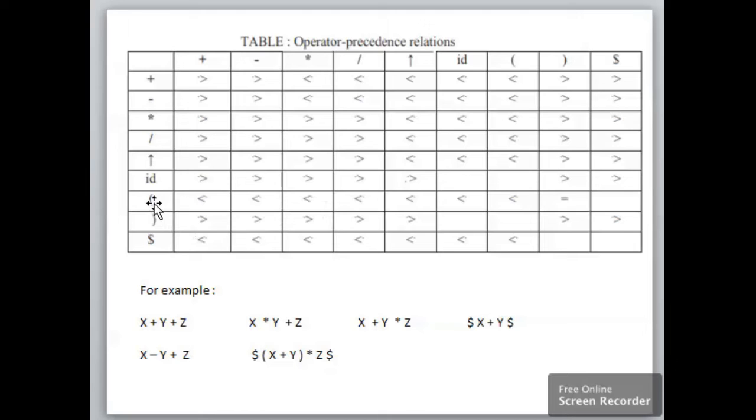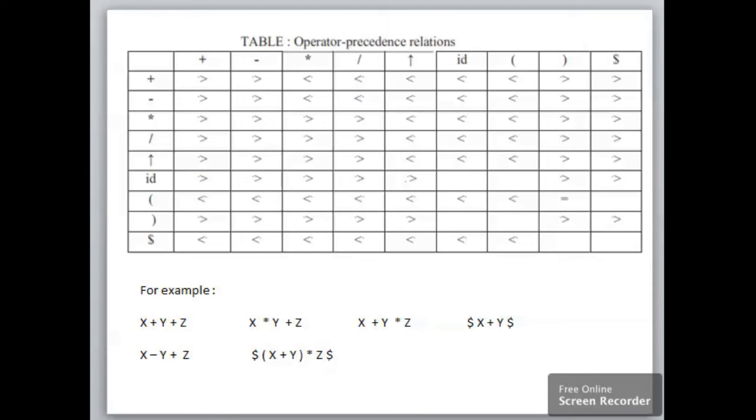Same way, if I am going to take a closing bracket and an opening bracket, there won't be any entries. It would be blank. The reason for the blank is that we can't have an opening bracket and a closing bracket without an operator in between. So these are some of the conditions that we need to remember while we are making the entries for the operator precedence table.